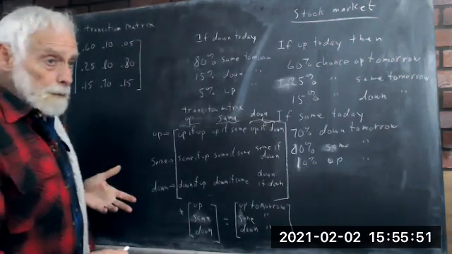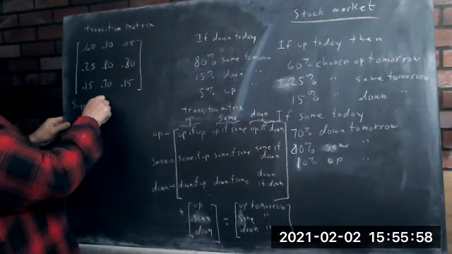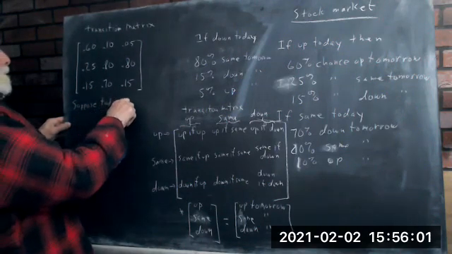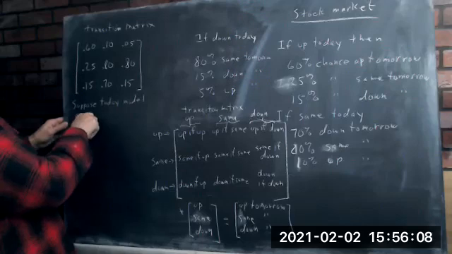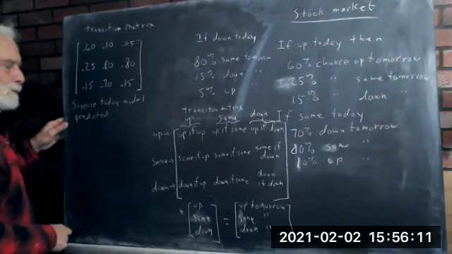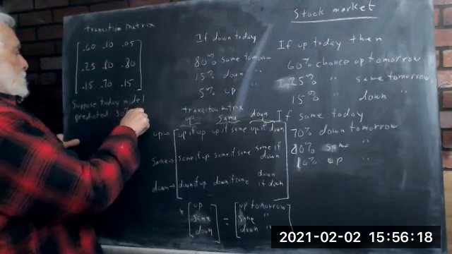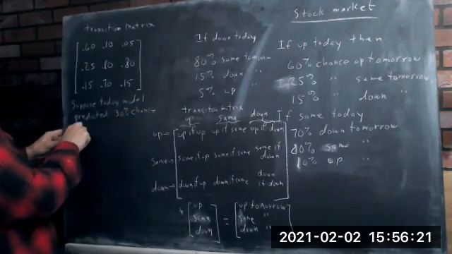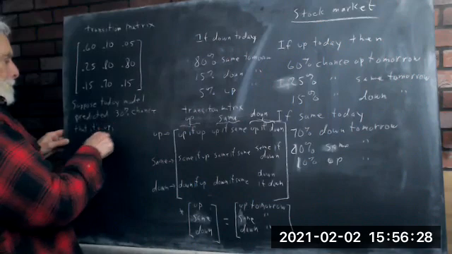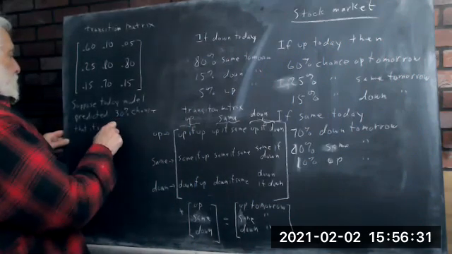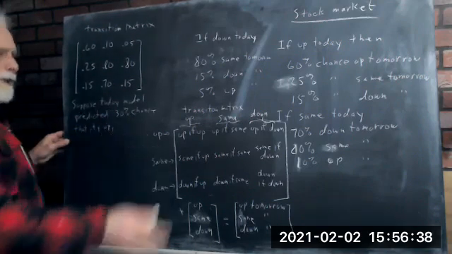Now, suppose that today the model predicted, let's say, 30% chance that the market is up. When I say today, we kind of know what today does.